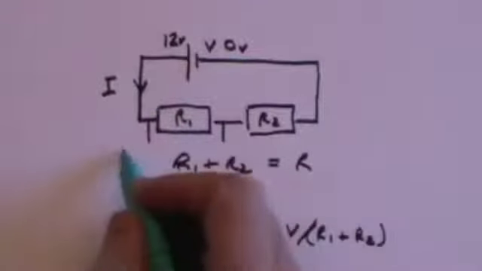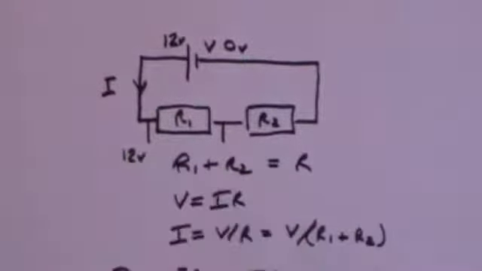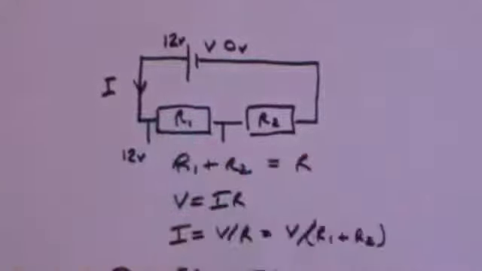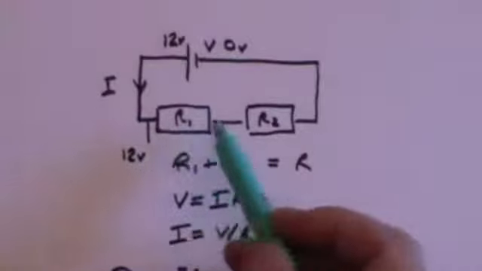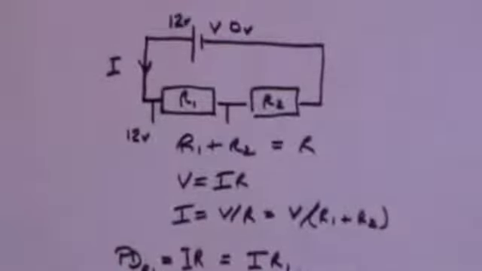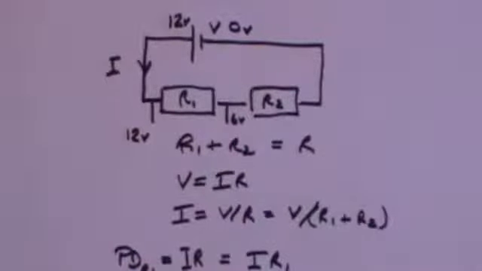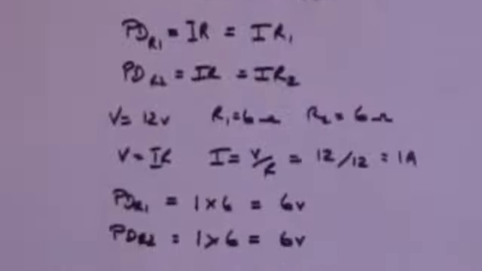So in other words, the potential at that point is 12 volts, because we'll assume that you don't lose any potential as you go along in a copper wire. But as you cross this resistance here, you have a potential drop of 6 volts. So you drop from 12 volts to 6 volts. And then as you go across R2, you drop by a further 6 volts.